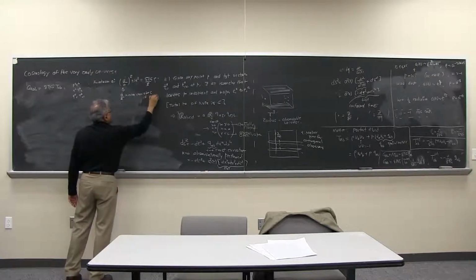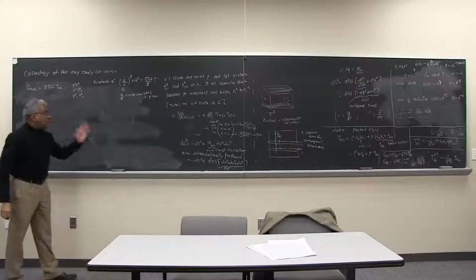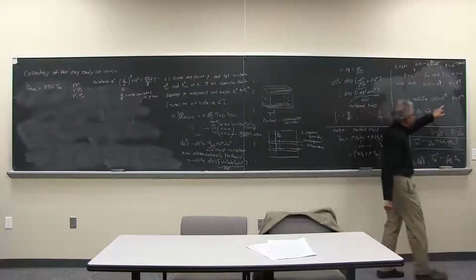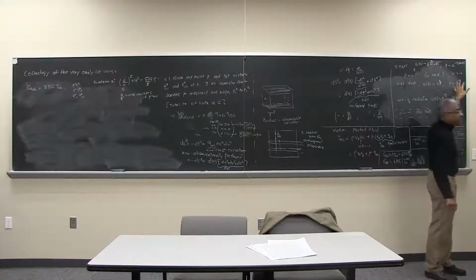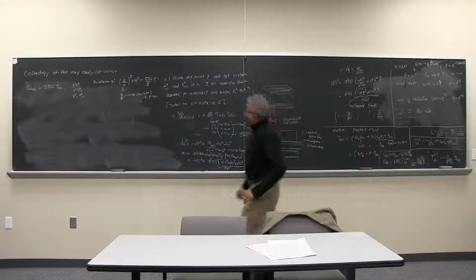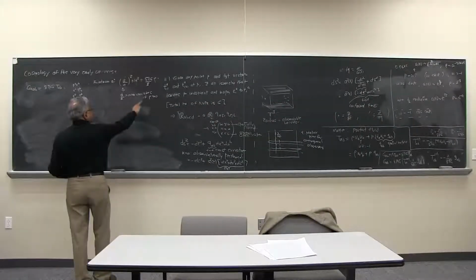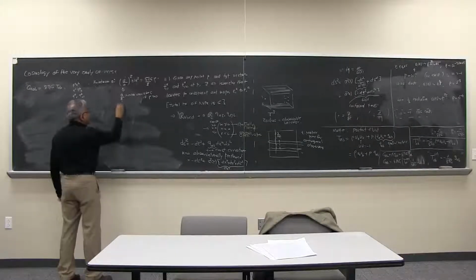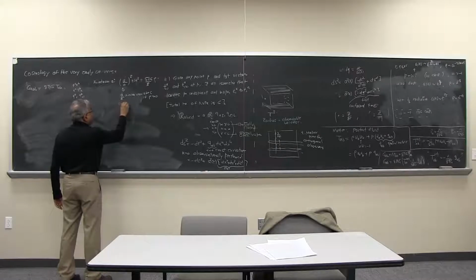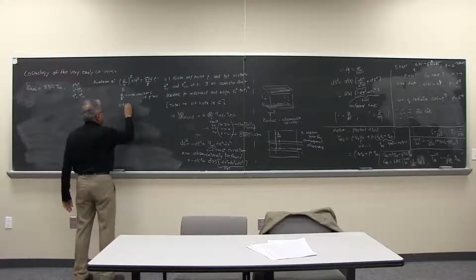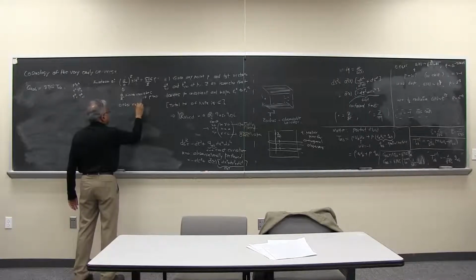However small the energy density, it is going to be decreasing like a to the minus 3, so it's going to fall off quite rapidly, but it's never going to be 0. And so it never vanishes, therefore rho is bigger than 0. And that means that the universe is either expanding or contracting: a dot can never change sign.